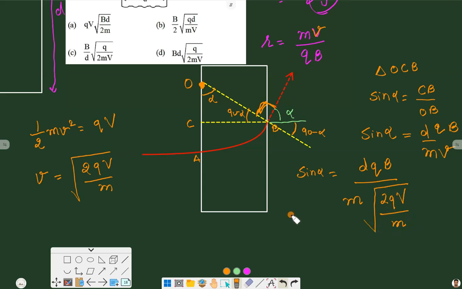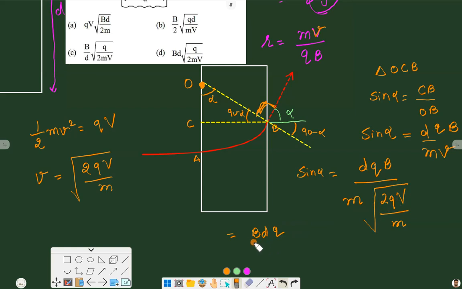So we can write it like this. We have B here, and d we will have as it is. So B and d as it is. This m will go inside, and we will have 2mqV.